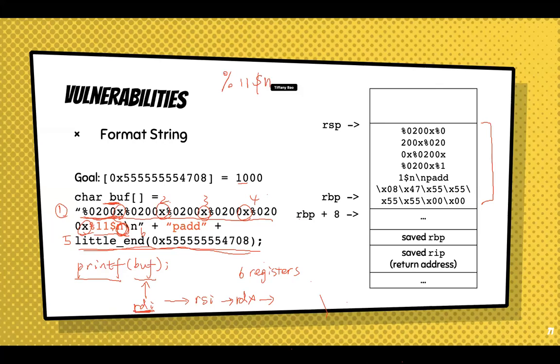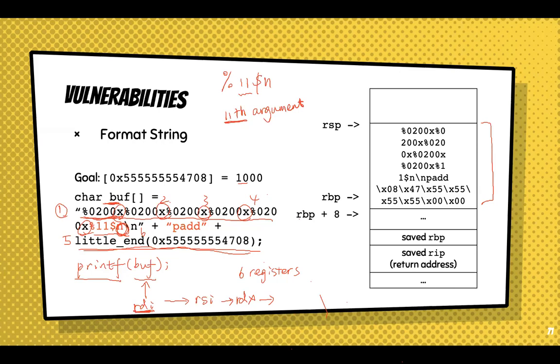%11$n, right? If you look at the specifier here, you'll find that these are numbers. You want to find the 11th argument in the printf function. So this is the 6th specifier, but it has this argument number specification, which means we want to find the 11th argument.